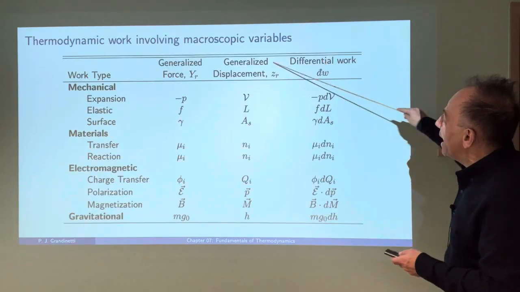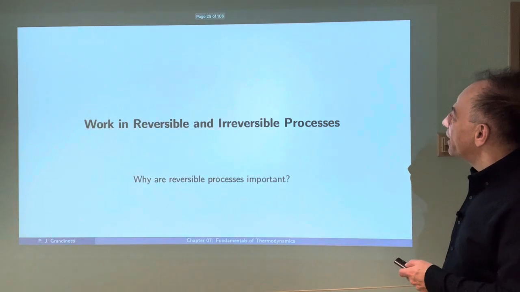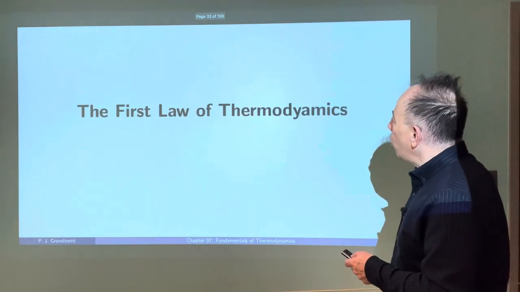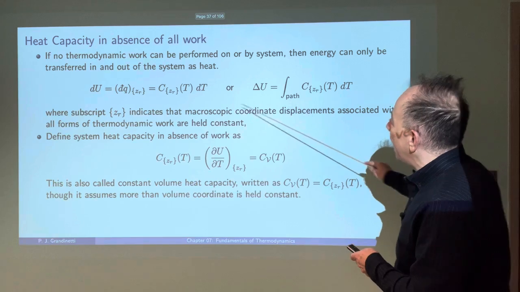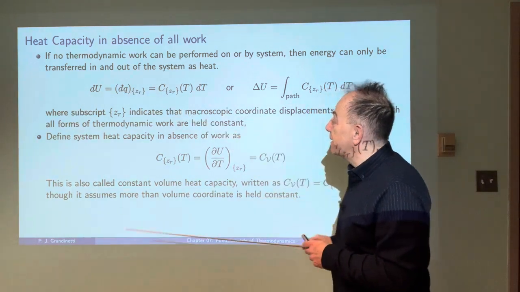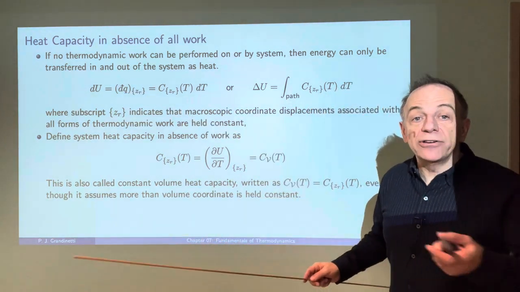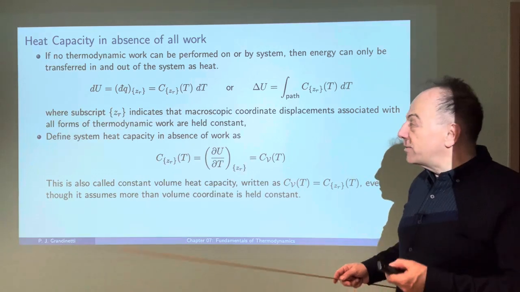If we could prevent all of these displacements, then what would happen is that this term would go to zero and we'd have only the heat as the source of energy transfer between the system and the surroundings.